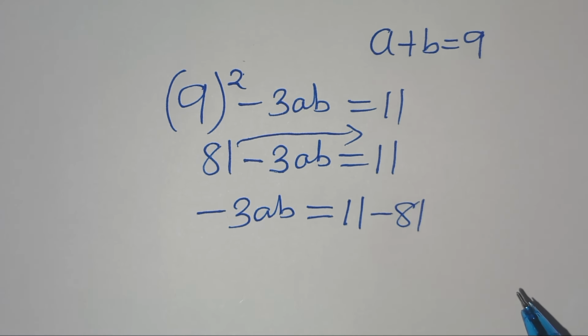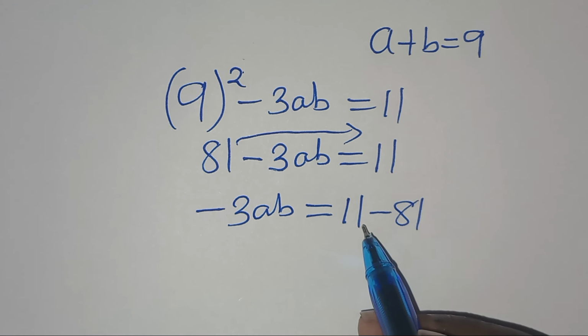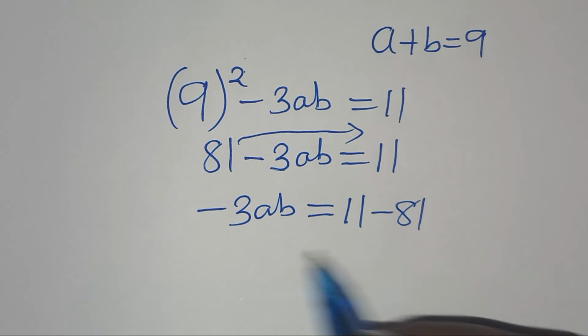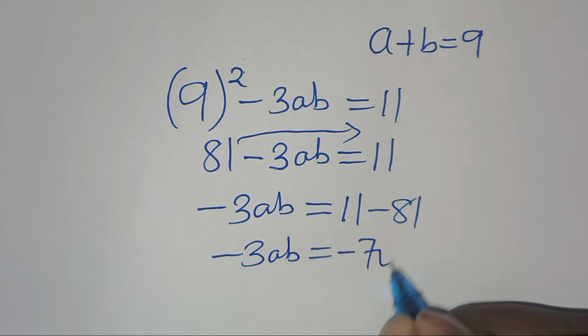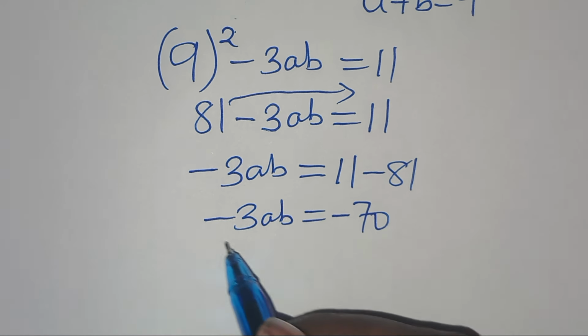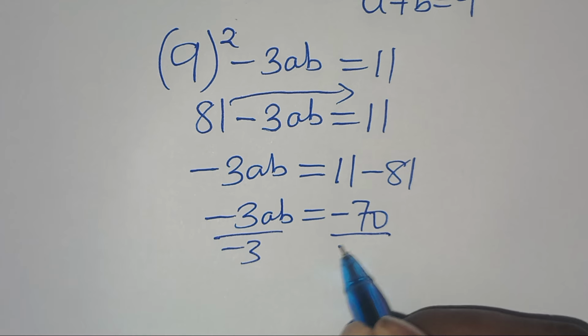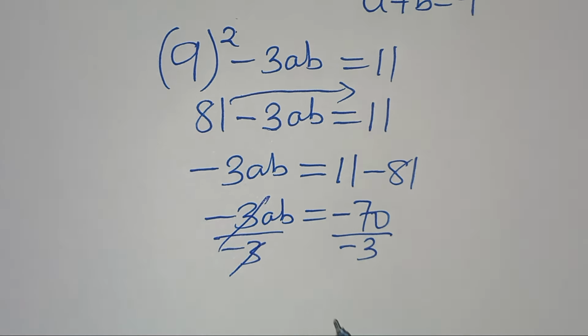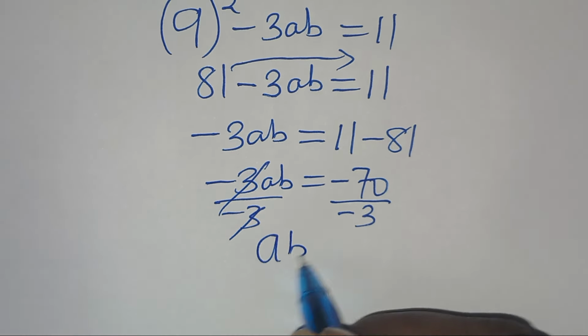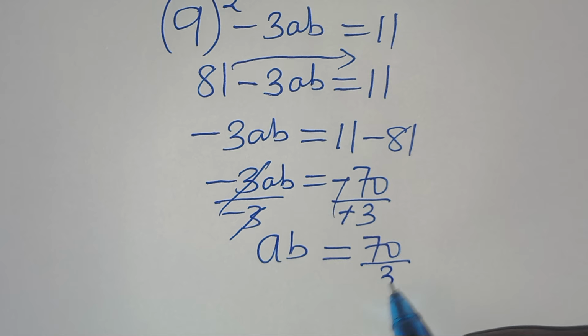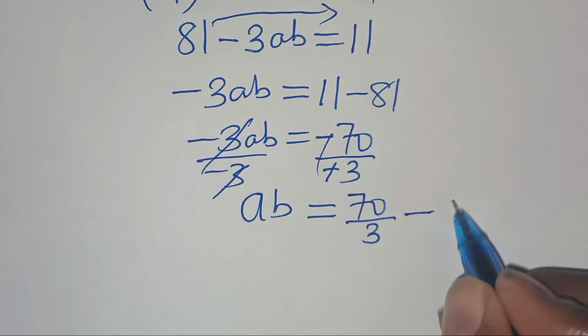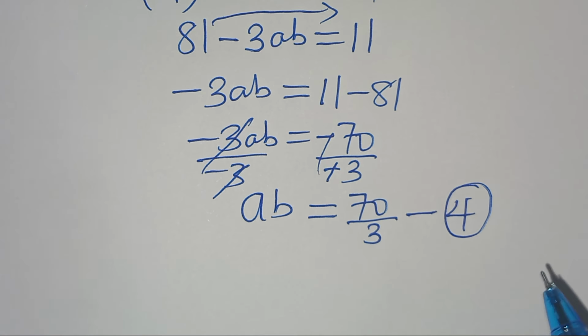Now 11 minus 81 is minus 70. So let's divide both sides by minus 3 so that now a times b is equal to 70 over 3. Let's call this equation 4.